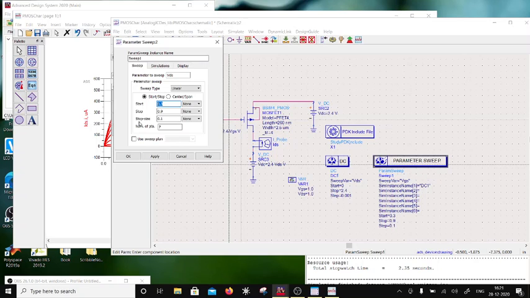The net voltage I want is 2.4, right? Hang on a second. So I can take it from 1.8 to 2.4. So the net voltage will be 0.